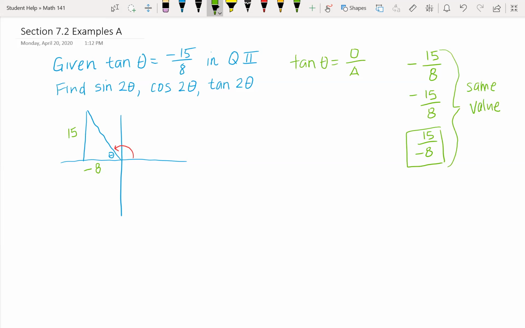And then we've got to find the length of our hypotenuse, so we'll use the Pythagorean theorem to find the hypotenuse.